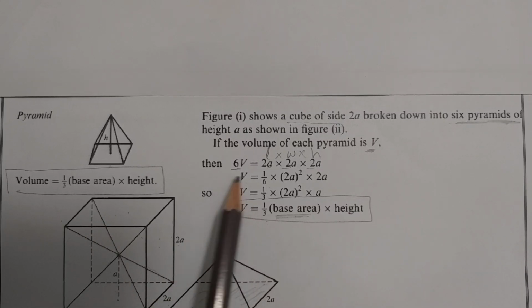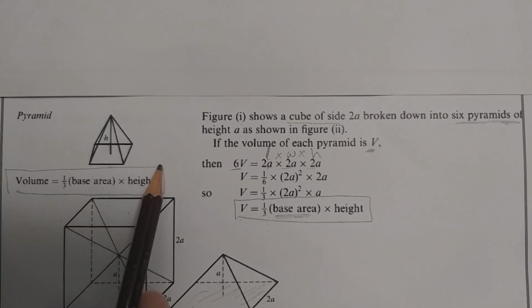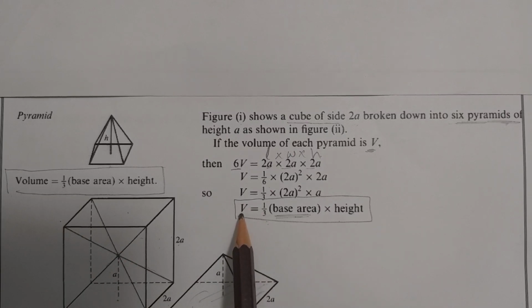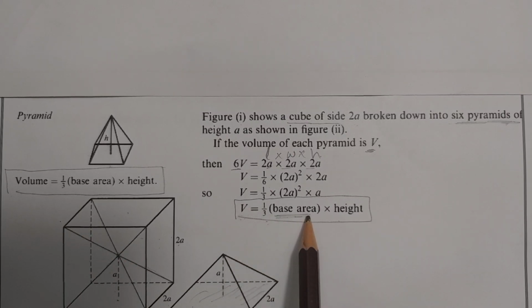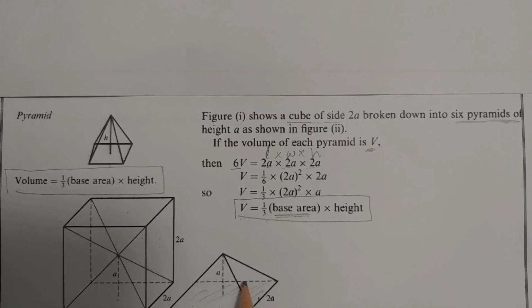So we have the volume of the pyramid here. You should remember the formula. We don't need to prove it, but just remember the formula for the volume, which is equal to 1/3 base area times height. So what is the base area? This is the pyramid, this is the vertical height of the pyramid, and this is the base area. Because it's a square, all sides are equal.